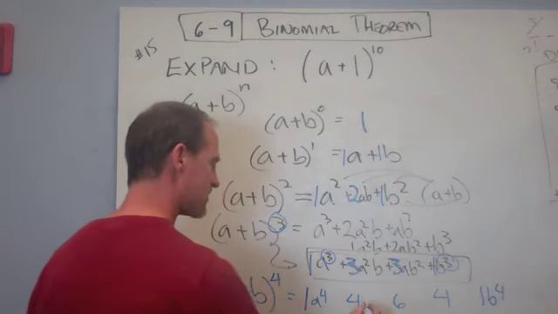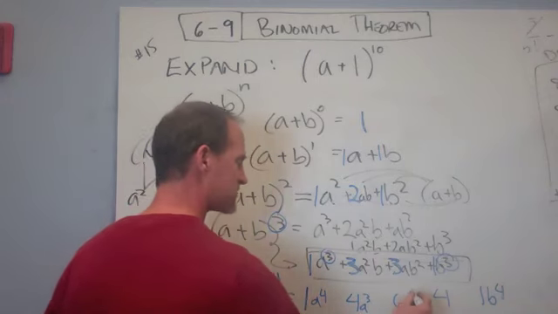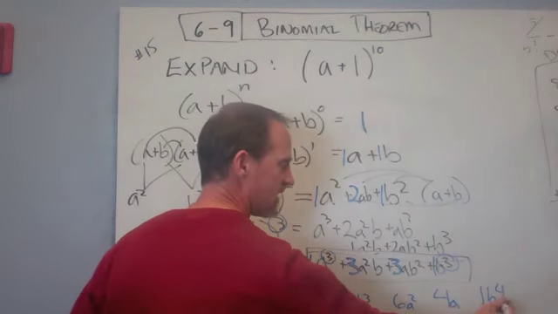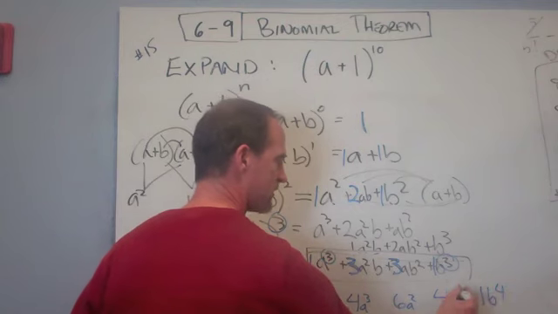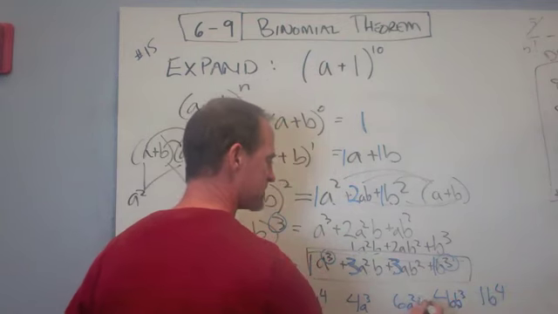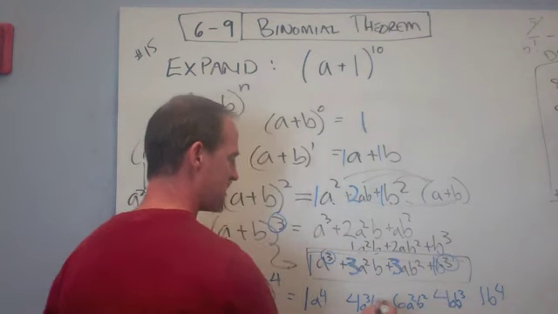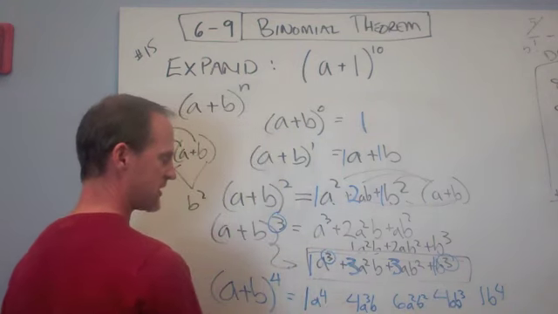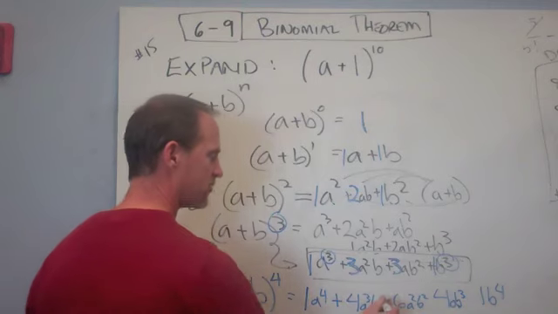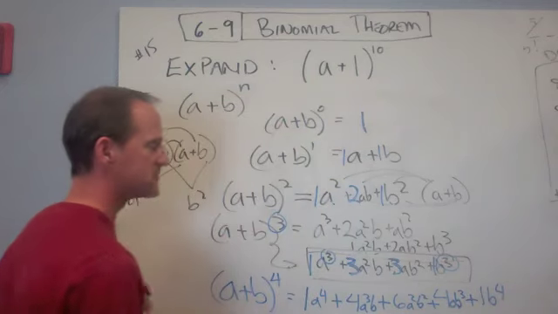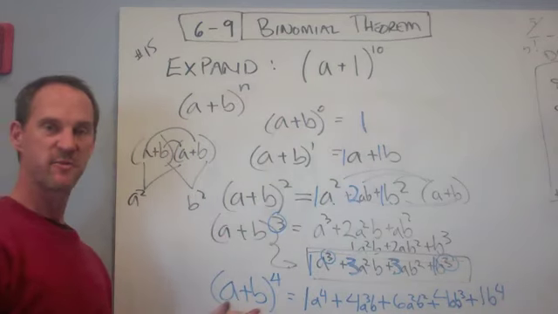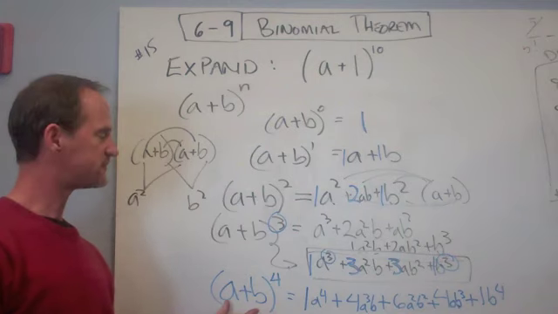So that's a to the third, that's a squared, that's a to the 0, but it just drops away to 1. This is b to the fourth, this is b to the third, this is b squared, this is b, and then that's b to the 0, and that drops out. And then just be careful, put pluses in, because we're adding up these terms. And that is my expansion of a plus b to the fourth.